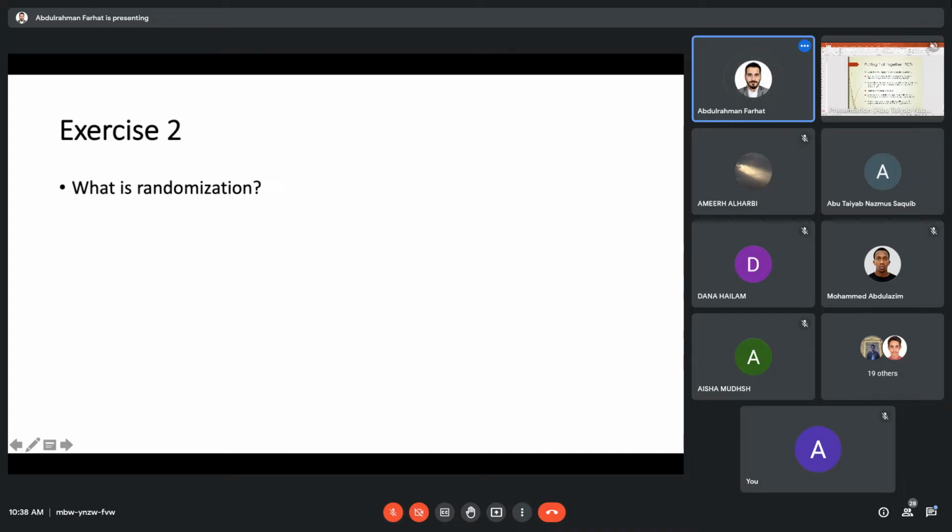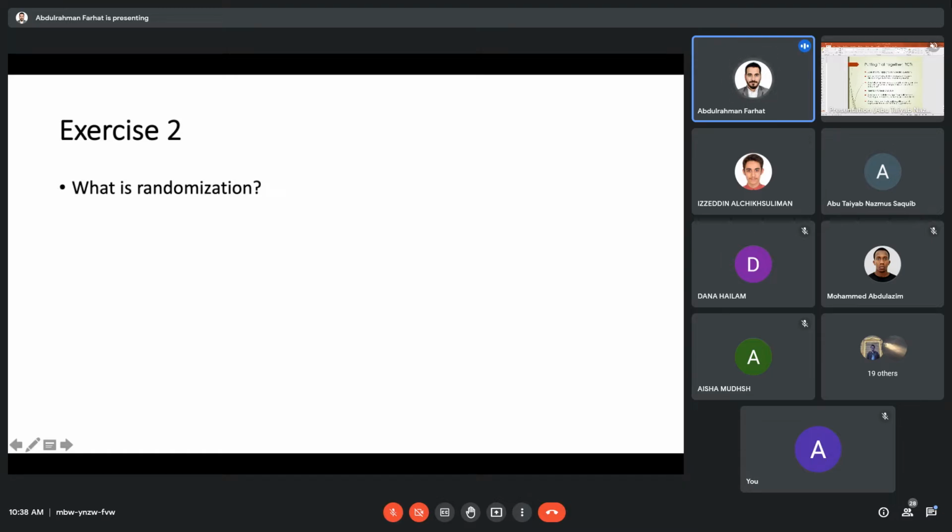It's the process by which I assign the individuals into two groups: the intervention group and the other group, the control group. Correct. It's a procedure in which the population in a randomized controlled trial is distributed into groups, and you have to include the word randomly, randomly distributed into the groups.